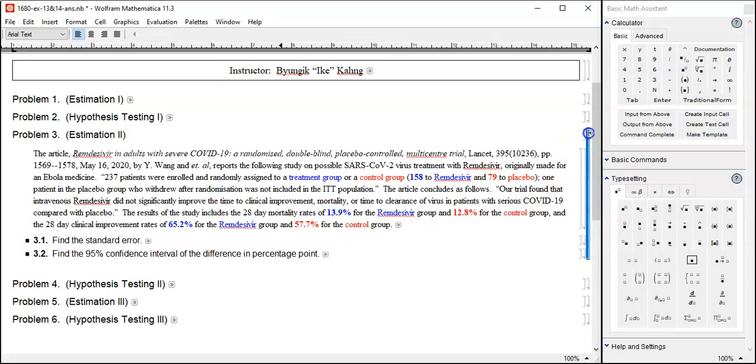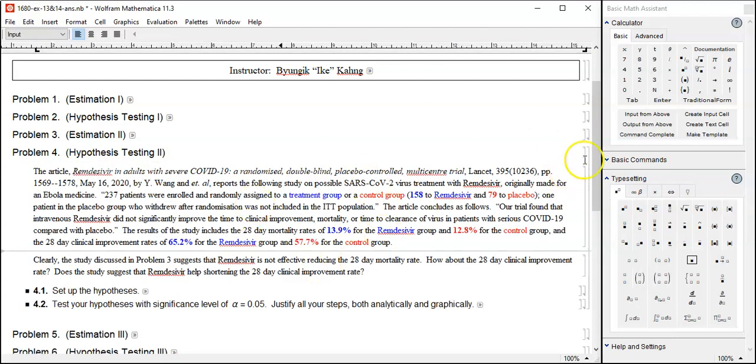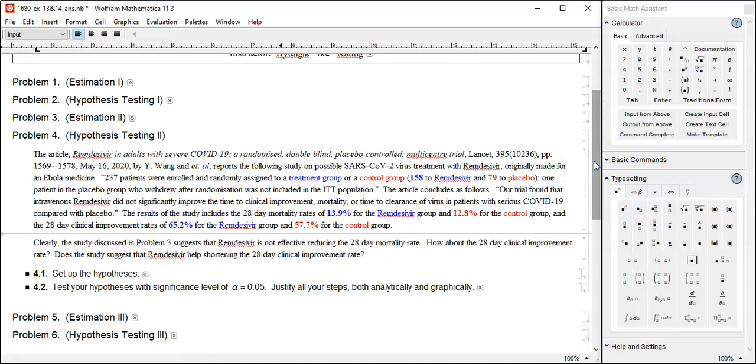And let's go to problem 4. Okay, here we go. Clearly, the study discussed in the previous problem suggested that remdesivir is not effective in reducing the 28-day mortality rate. Actually, the mortality rate increased. It doesn't mean the drug is actually killing people.